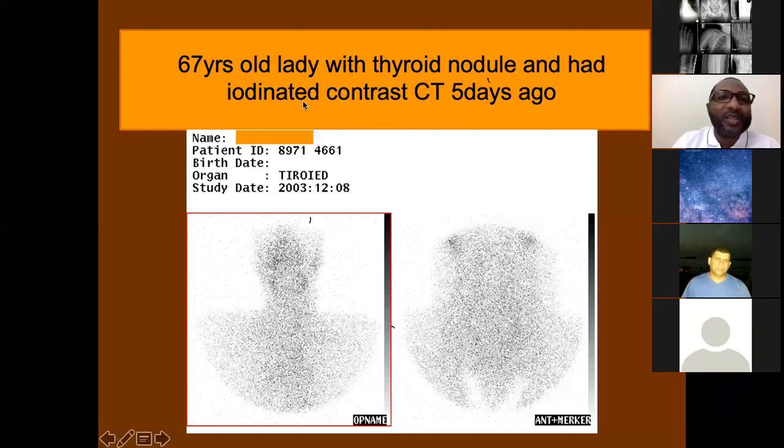Yes. So this case is a 67-year-old lady with a thyroid nodule, and she had an iodinated contrast CT 5 days ago. There are two images of thyroid scintigraphy using technetium showing no evidence of thyroid uptake of tracer.